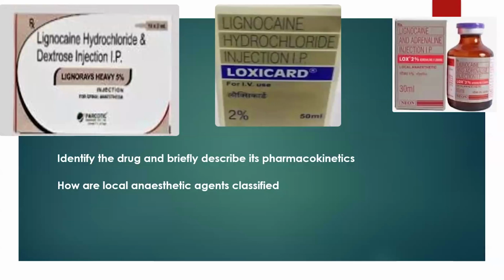Anything specific? It's the alpha-1 acid glycoprotein. That is where bupivacaine binds very actively.